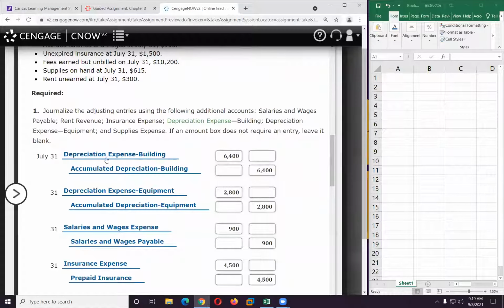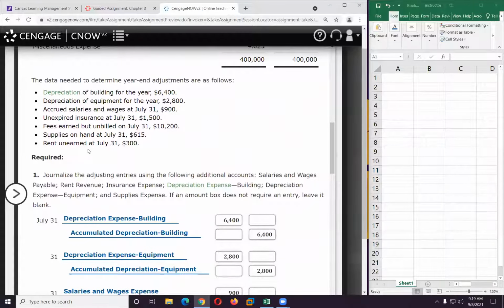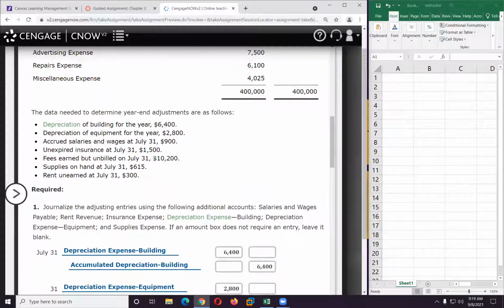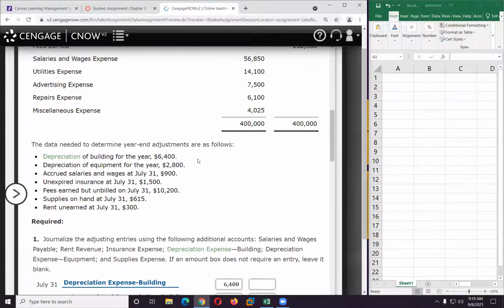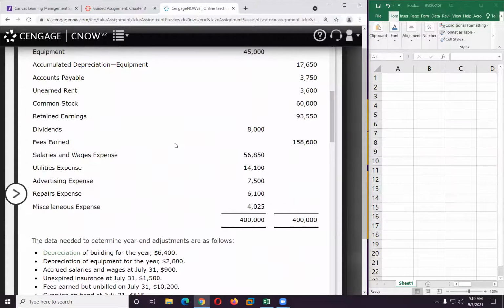The last adjusting entry is rent unearned at July 31st is $300. So this must mean that I have a rental property or something, or equipment, something that I rent out to people and I earn rent on it. So again, I'm going to go up and look at my unearned rent account. Remember, unearned rent is a liability.